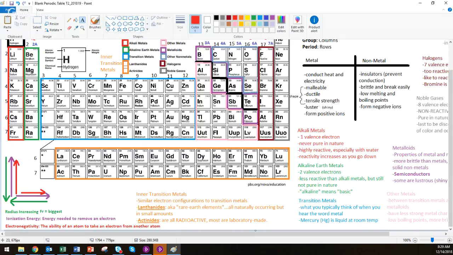So if any of this isn't making sense, utilize these arrows, like the question that we had at the beginning: which halogen is going to have the largest radius? What I would do is first, halogens, they're in this maroonish color.